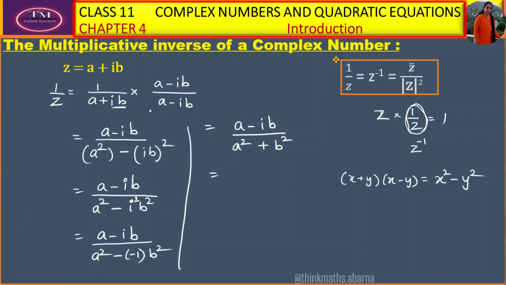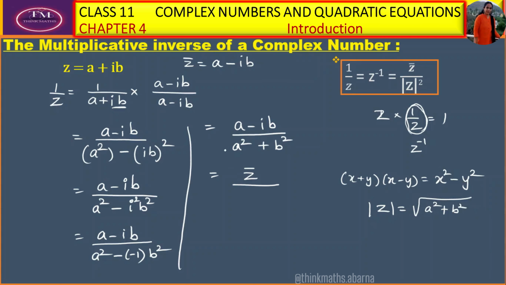It is nothing but conjugate of z. Z bar is nothing but conjugate of z, which is a minus ib. So instead of a minus ib, you can write z conjugate divided by a square plus b square.